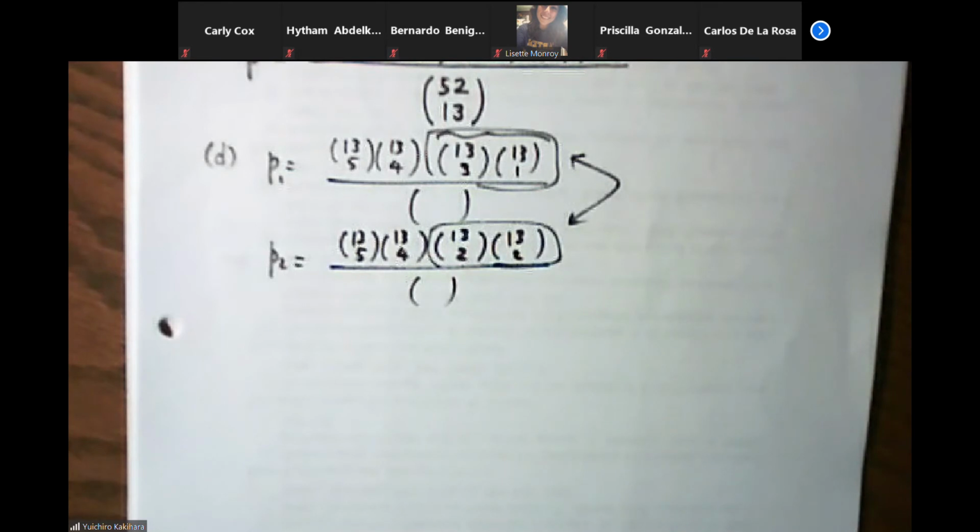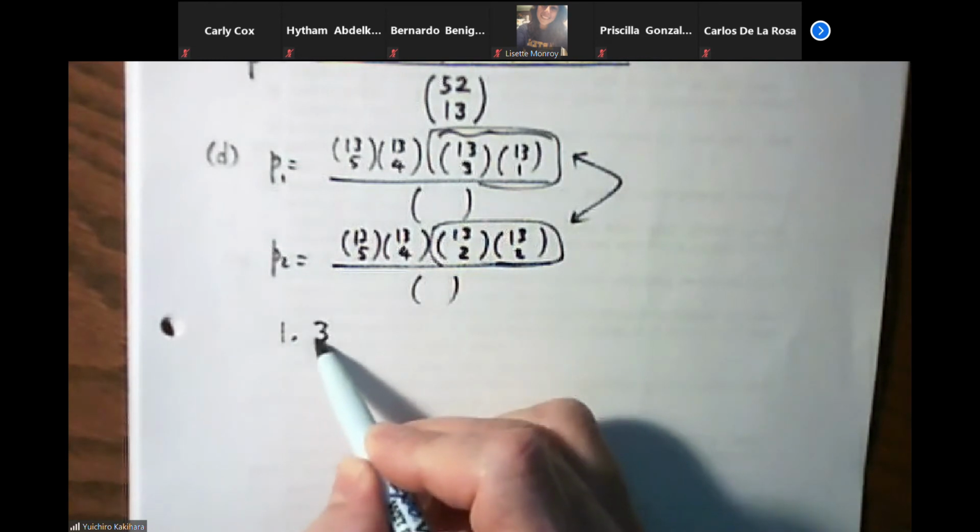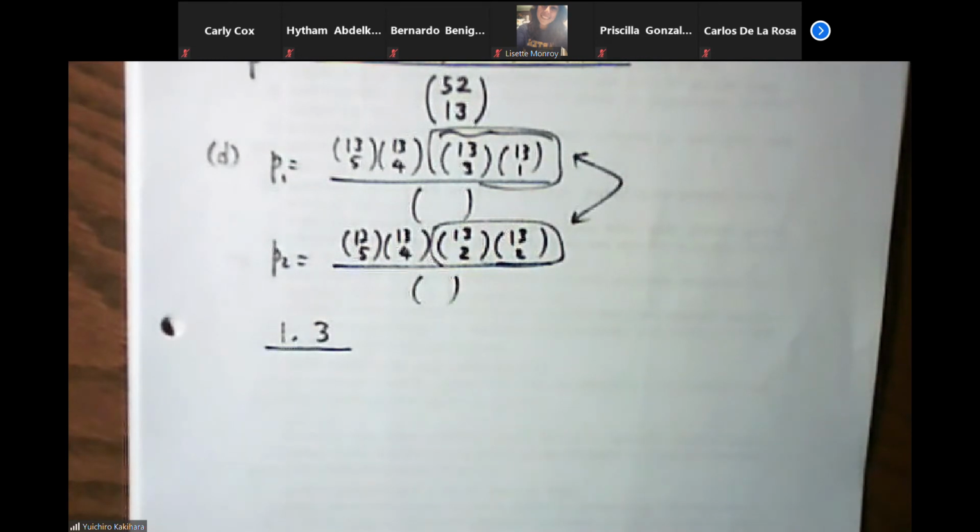So number 13 is in section 1.2. Now section 1.3.